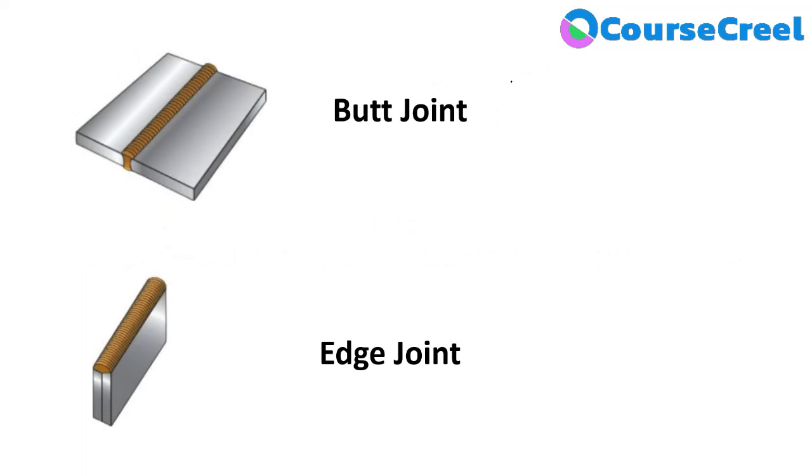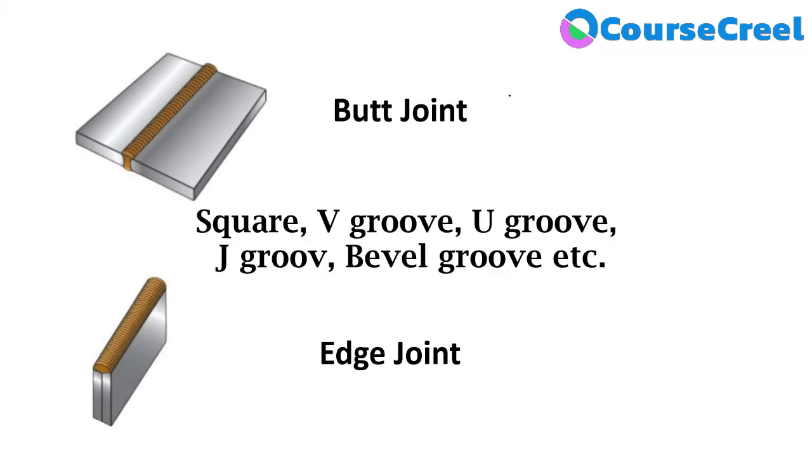There are various types of butt joint which we can use for different applications: square butt weld, V groove butt weld, U groove butt weld, J groove, flare V groove, flare bevel groove, etc. Based on the application, we can use different types of butt weld.